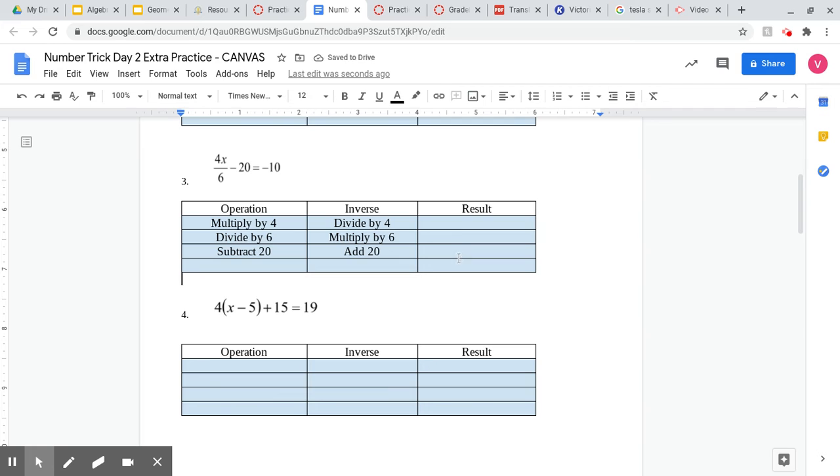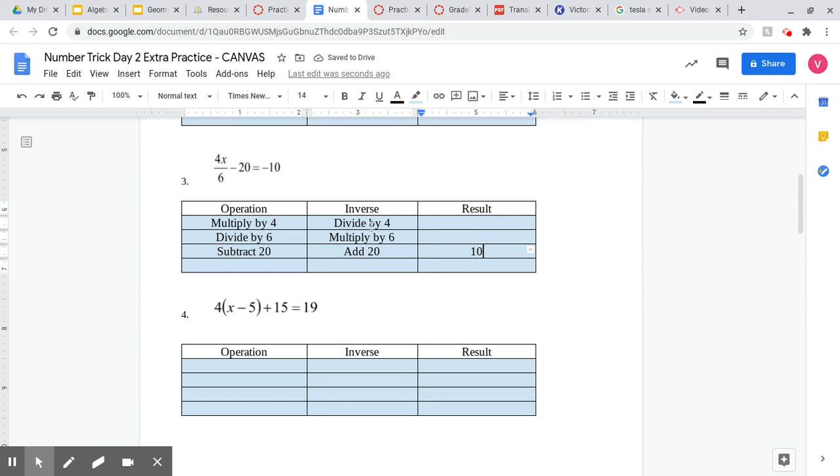Now this third column, this is the weird part, right? So this is where we're going to manipulate our answer. So if our person got a final answer of negative 10, we're going to follow the inverse steps to figure out what they started with. So if I start with negative 10 and add 20 to it, so negative 10 plus 20 is positive 10.